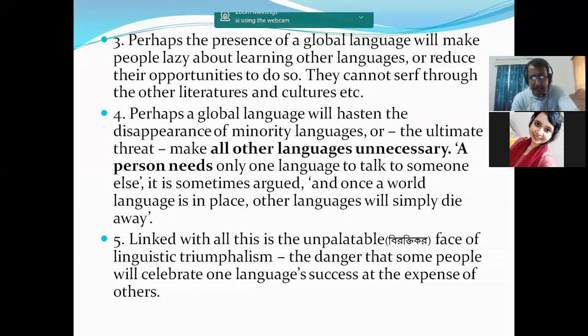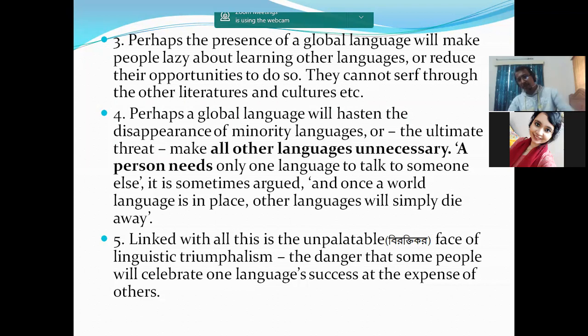It comes from linguistic imperialism, or language imperialism, that means ruling another country based on language in one way. Language imperialism means the language that has the status of the global language is the language of the aristocratic class. So because of the presence of such a global language, minority languages will die away.